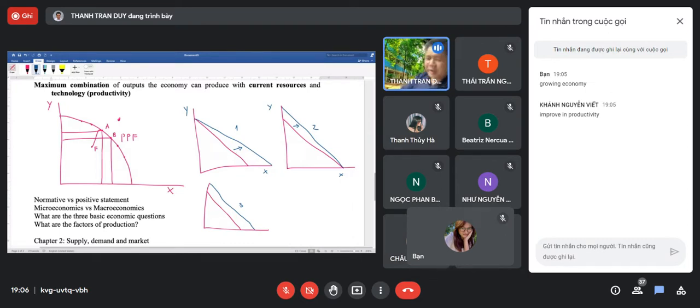So in diagram 1, the theory question will be like this. The diagram looks like this. What is the reason for the shift or rotate of the PPF curve like this? Anyone?